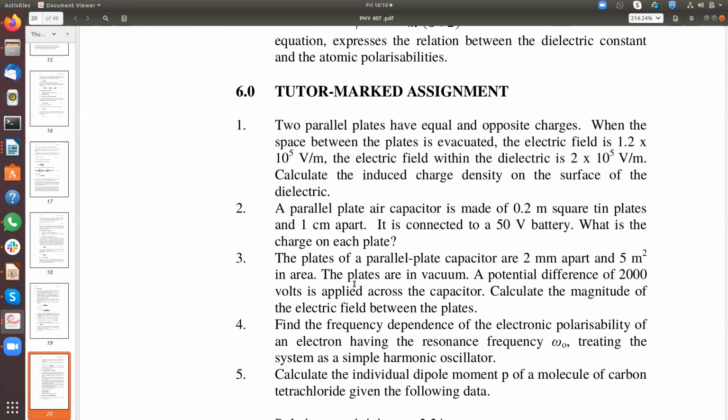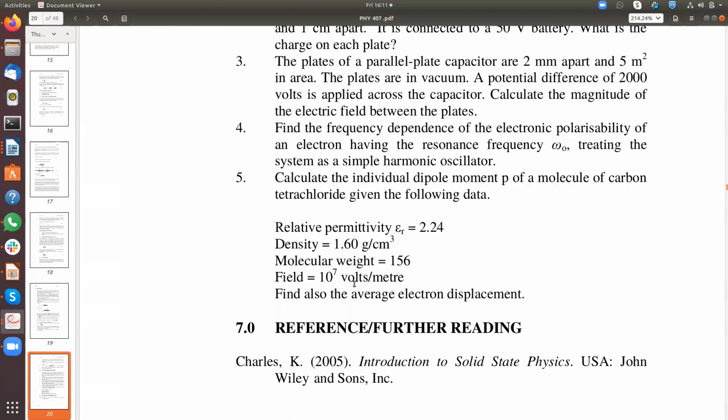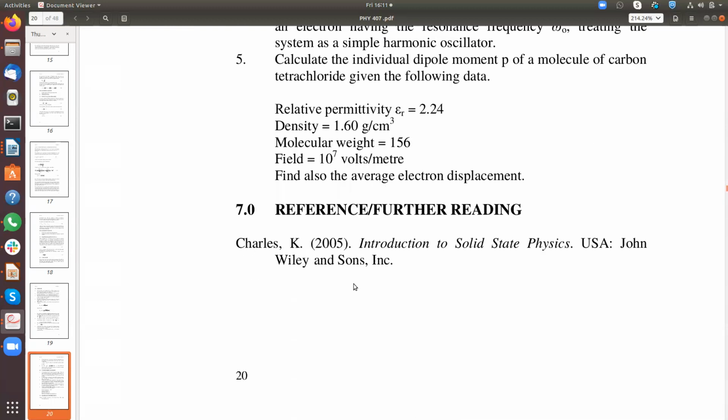And the last question says: calculate the individual dipole moment P of a molecule of carbon tetrachloride given the following data. A reference textbook that is very good for this area is Introduction to Solid State Physics, written by Charles Kittel.